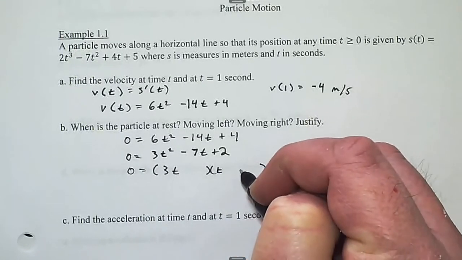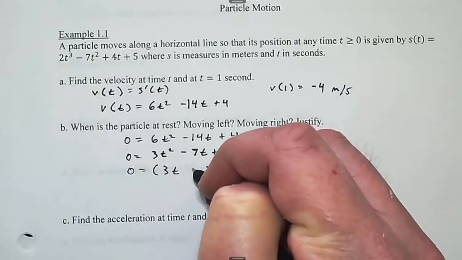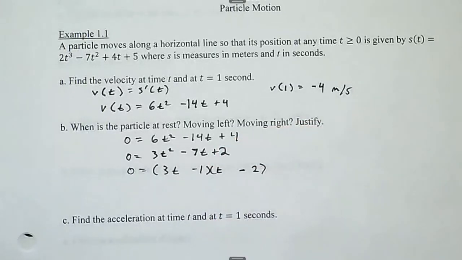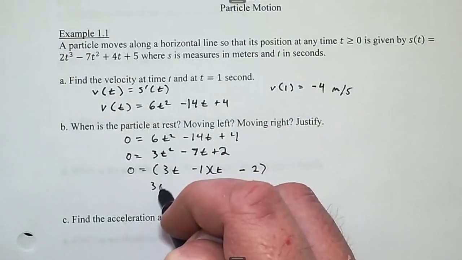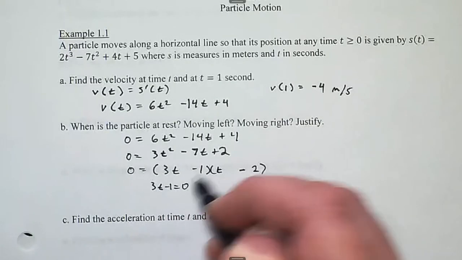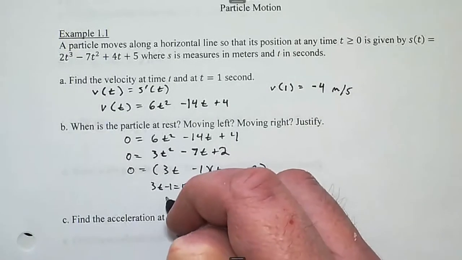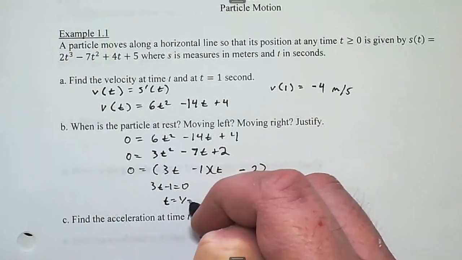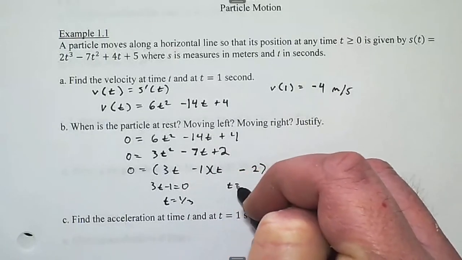And let's see here. I think I'll do a negative 2 and a negative 1. So I'll set 3t minus 1 equals 0, which gives me t equals 1/3. And this will give me t equals 2.